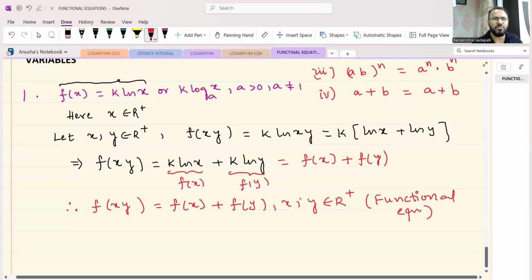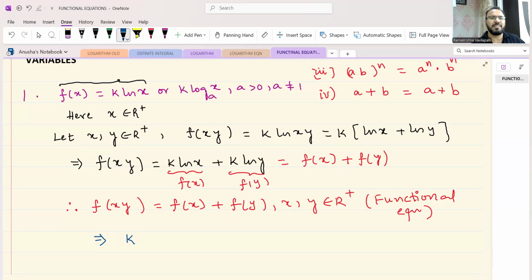So what is the solution of this? The function satisfying f of xy equals f of x plus f of y is f of x equals k ln x, or you can take k times log x base a.